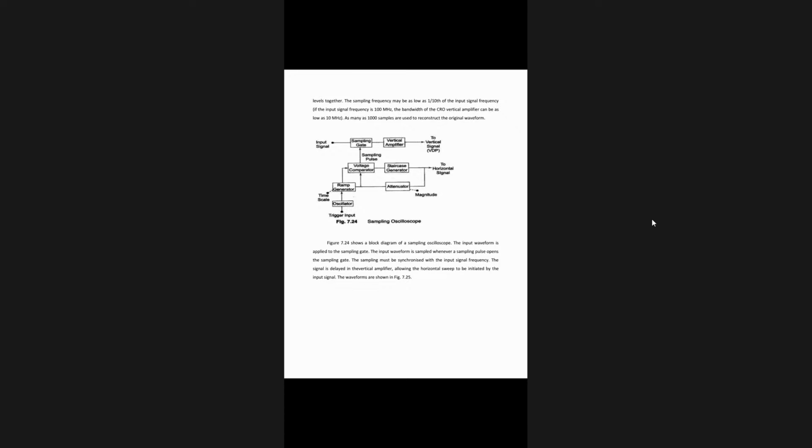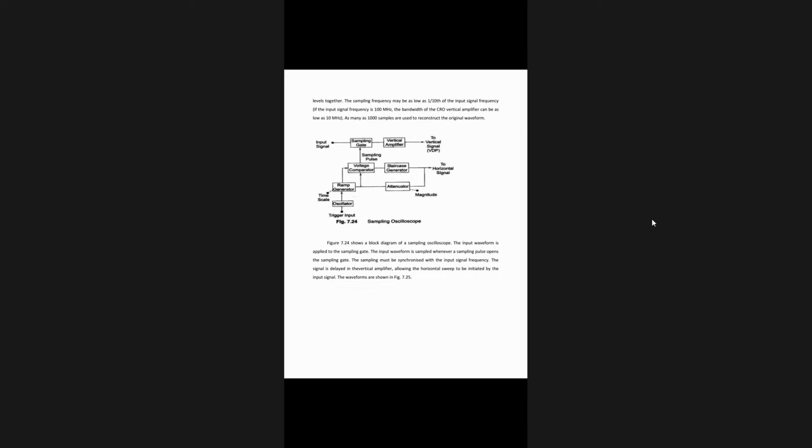So here the input waveform is applied to the sampling gate, as we can see in the diagram, and the input waveform is sampled whenever a sampling pulse opens the sampling gate, and the sampling pulse is provided by the voltage comparator, right? Sampling here must be synchronized with the input signal frequency. That is very, very important in this case.